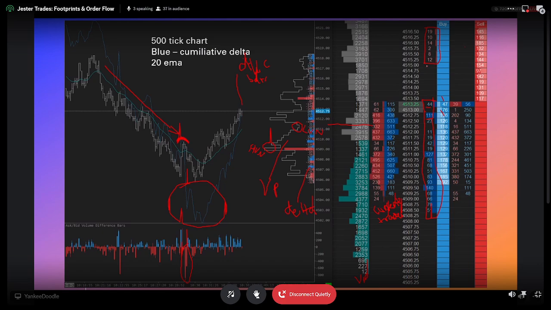So the spot where you showed 111, there might have been a little bit still there, but the last time they added, I don't know exactly how they're refreshing it in Sierra, but it usually just sticks until they pull it again. Okay, that makes sense. They might have added a few lots, and then we went up a couple ticks, and maybe they added a bunch more or something like that.